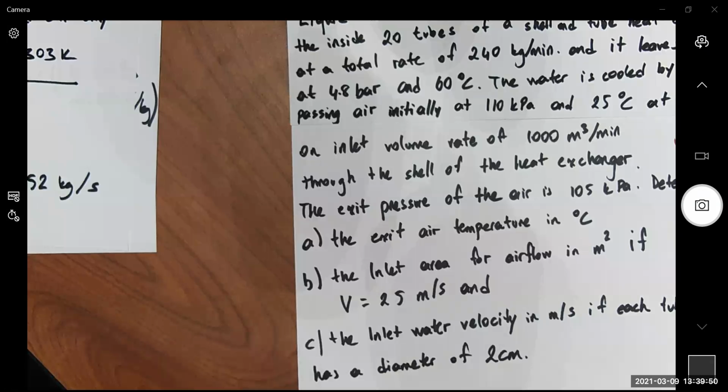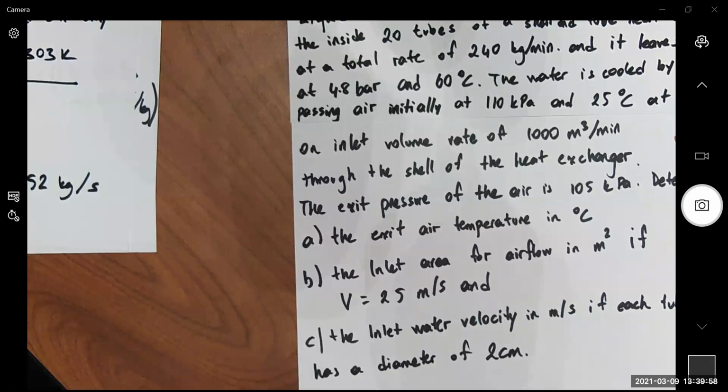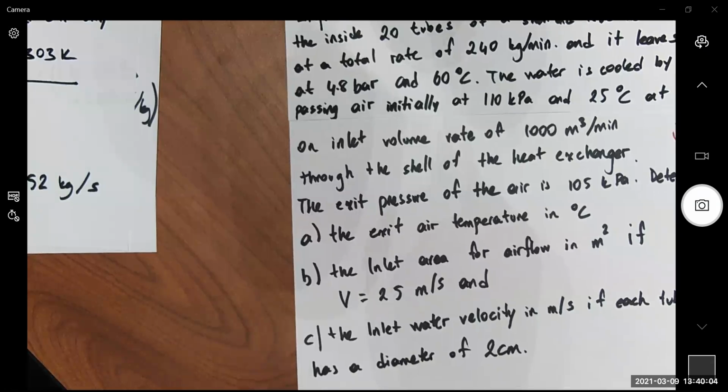Alright. So we have a heat exchanger, same system, one inlet, one outlet on each side. But this time we have tubes inside. That's the design of the heat exchanger. You have small tubes, usually made out of copper, and your fluid runs inside those tubes. Why? To increase the surface area.